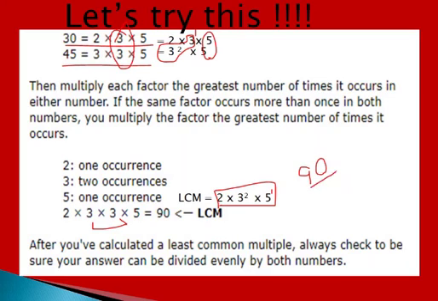If you divide 90 by 30, you'll get 3. So this LCM is exactly divisible by your given numbers. If I divide 90 by 45, you'll get 2. So again, it divides the given numbers completely.